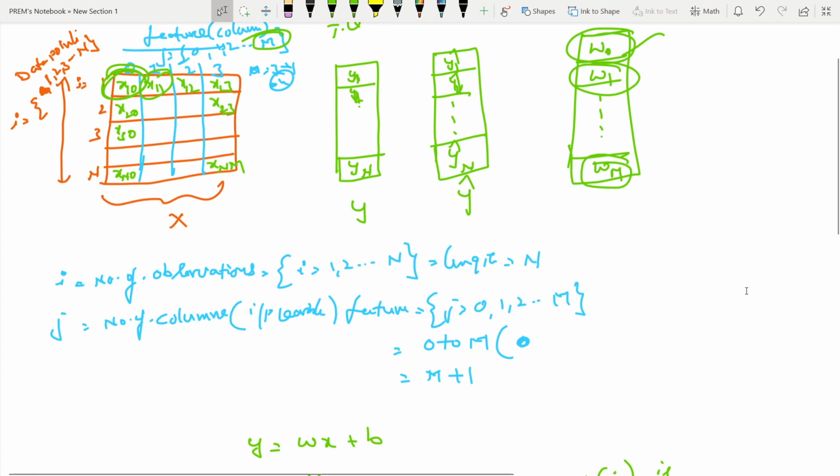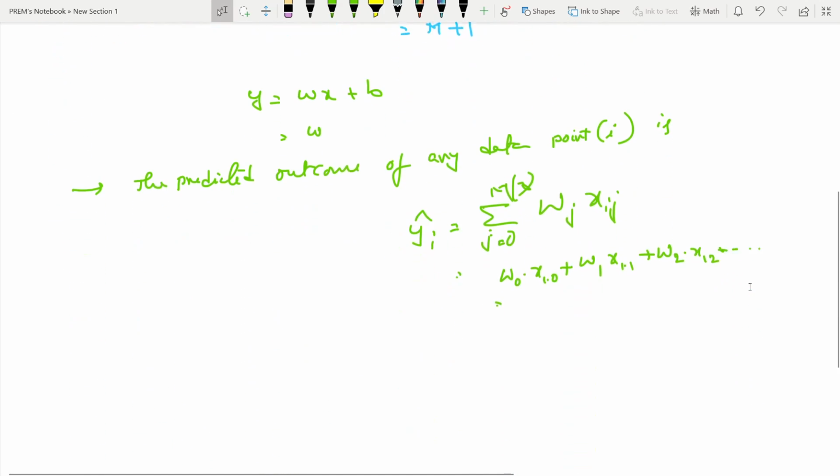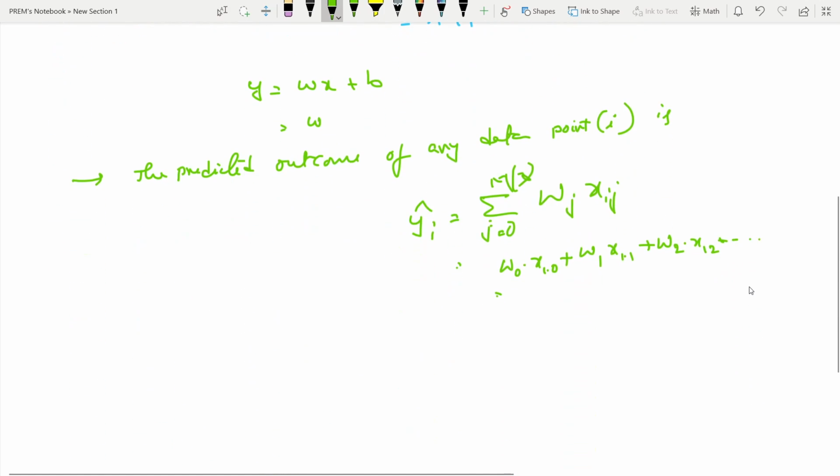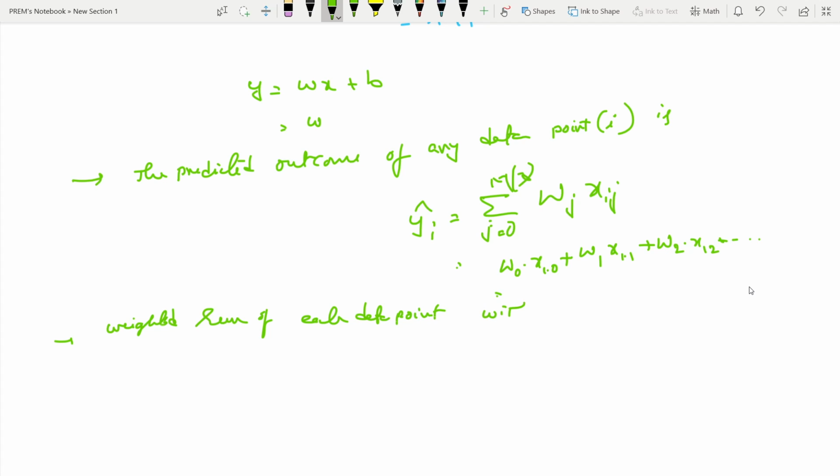So it is simply the weighted sum of each data point with coefficients. These are called the coefficients, and these coefficients are considered as the weights.